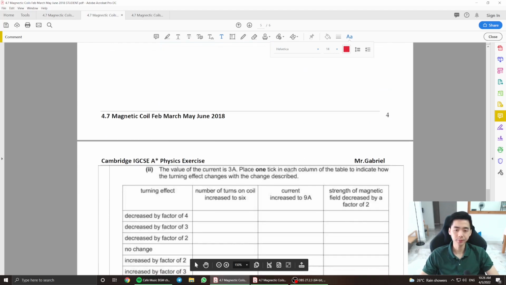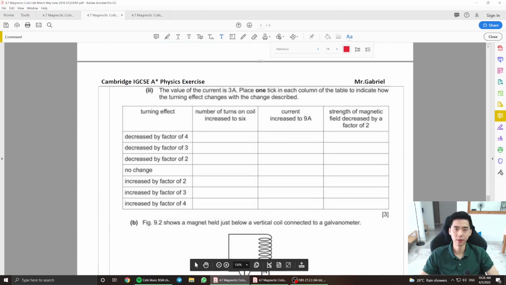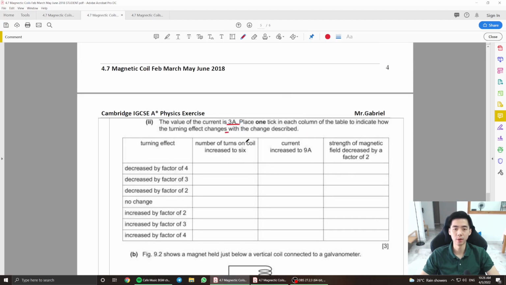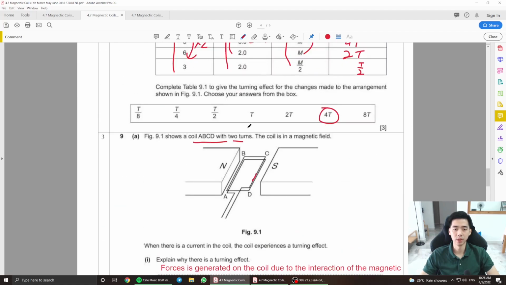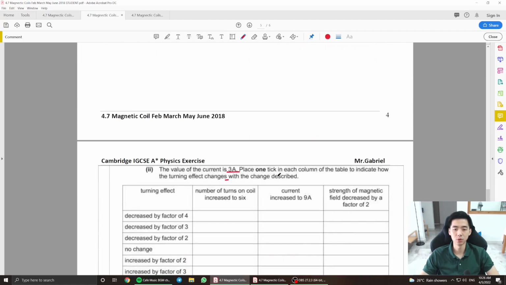Right. Then moving on to the next part here, which is very similar to the previous question. The value of current is 3 amperes. Place 1 tick to indicate how the turning effect changes with the change described. The keyword here is that initially it had 2 turns as well. So it initially had 2 turns, 3 amperes, and the strength of the magnet was originally M, right?